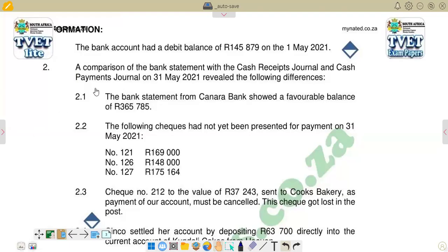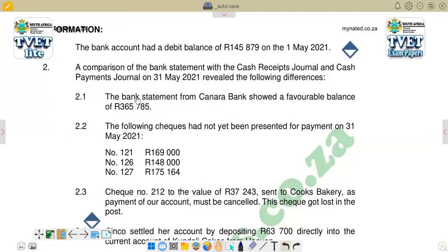So we go through the transactions and pick the transactions that are affecting the bank reconciliation statement. On the second part, a comparison of the bank statement with the cash receipts journal and the cash payments journal on 31 May 2021 revealed the following differences. On the first part, 2.1, the bank statement from Canara Bank showed a favorable balance of 365,785.